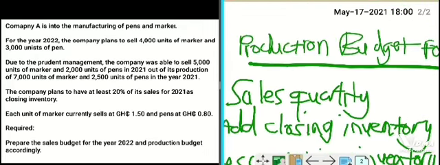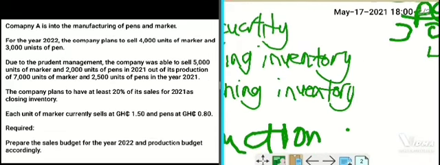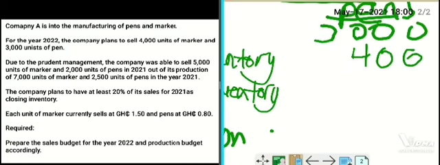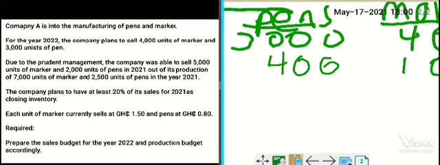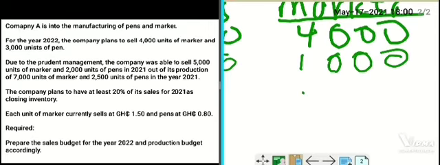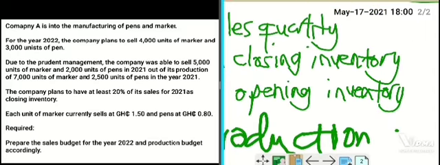So we said we less our opening inventory. Opening inventory here for marker is 2,000 units. How do we get the opening inventory for pens?